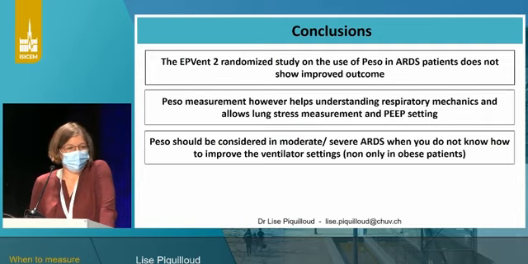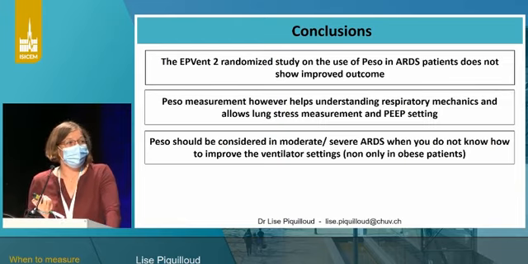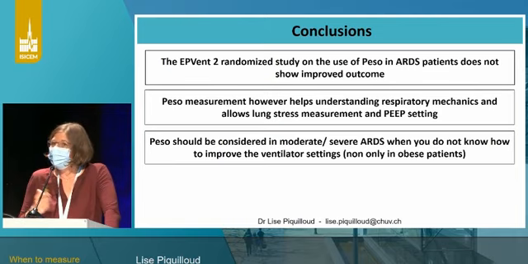In my opinion, esophageal pressure should be considered in moderate and severe ARDS when you don't know how you can improve your ventilator settings. And not only in obese patients. Basically, our patient was probably, I would say, saved because he was very obese. And we thought that chest wall compliance was probably low.